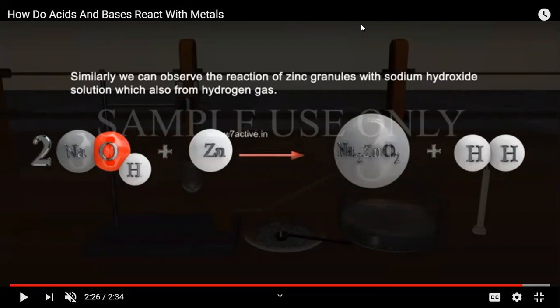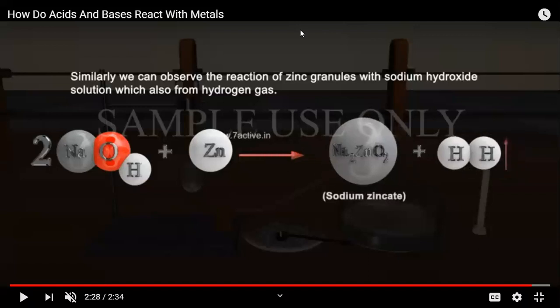The salt which is formed is sodium zincate, Na2ZnO2, plus hydrogen gas is evolved. Again, you can use the respective test for hydrogen gas which we performed in the last activity, and we can prove that hydrogen gas is liberated during the reaction.